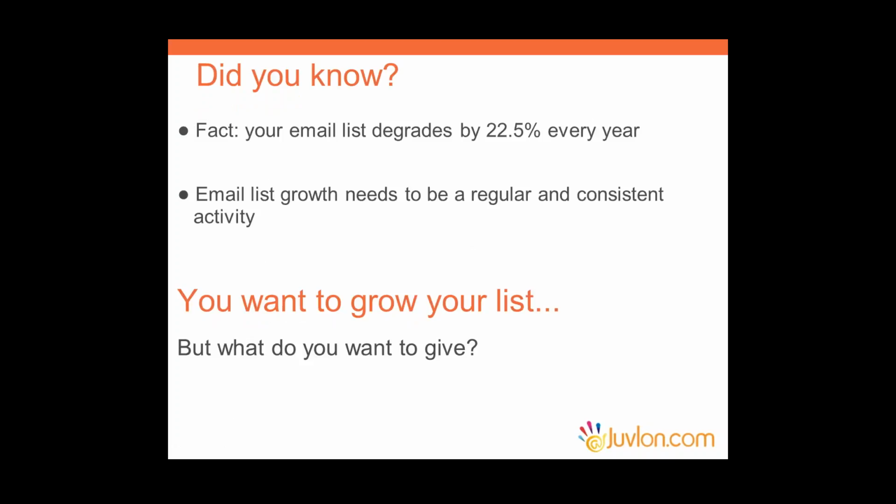So let's get started. According to a research done by Marketing Shepras, your email marketing database degrades by about 22.5% every year. I'm sure we all as marketers are aware of this fact. Where do these contacts go? So your contacts' email addresses basically change or move from company to company.